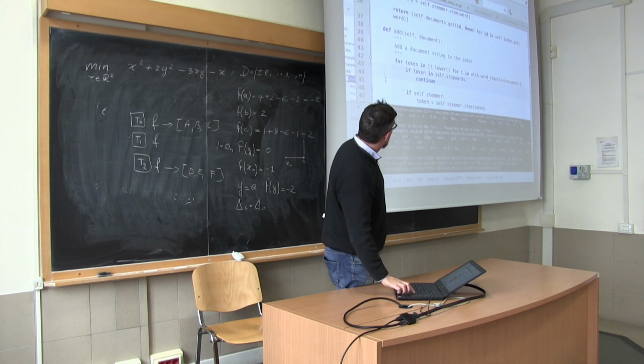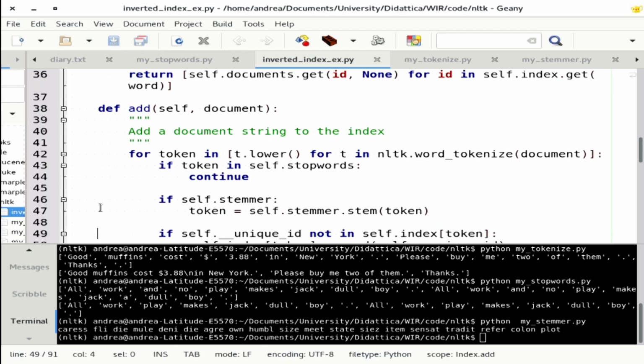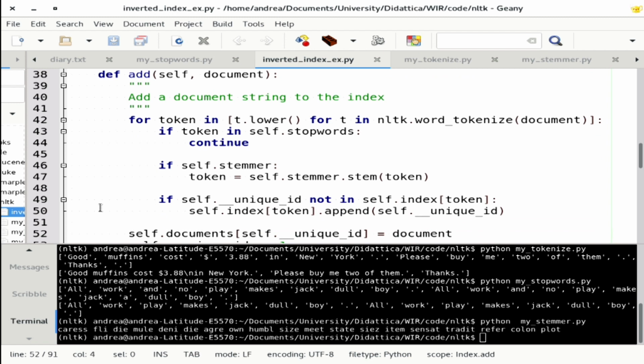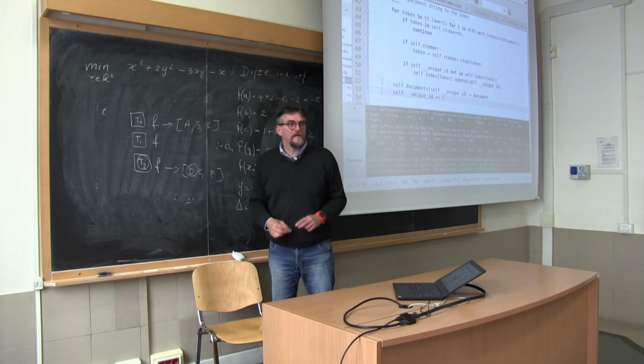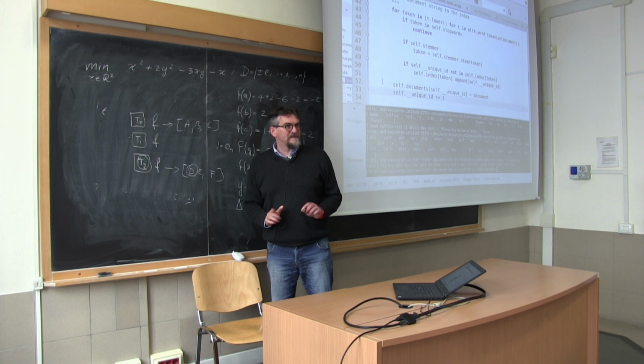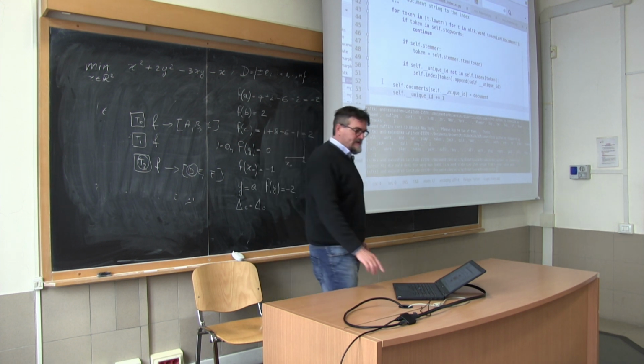We apply the stemmer, as we saw before. And finally, we add the document in the proper index. Okay? So we basically construct this part. Does it make sense?